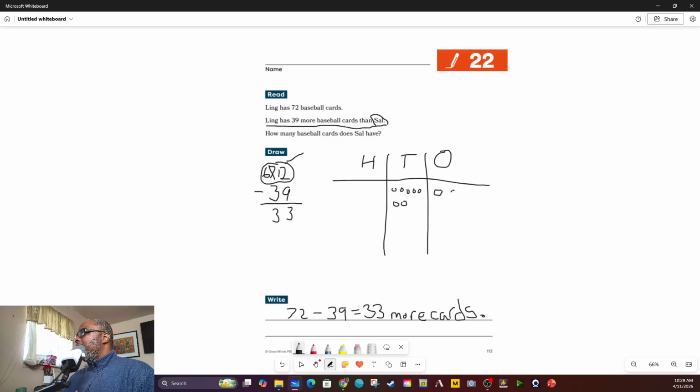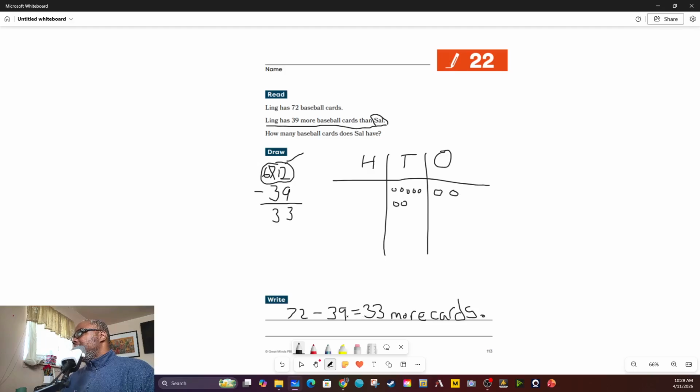Then 2 ones. Now, since I'm subtracting, I don't have to plot 39. I have to take away from the plotted number, which is 72. The biggest number in a subtraction sentence is called the minuend, and the smallest number before the difference is the subtrahend.